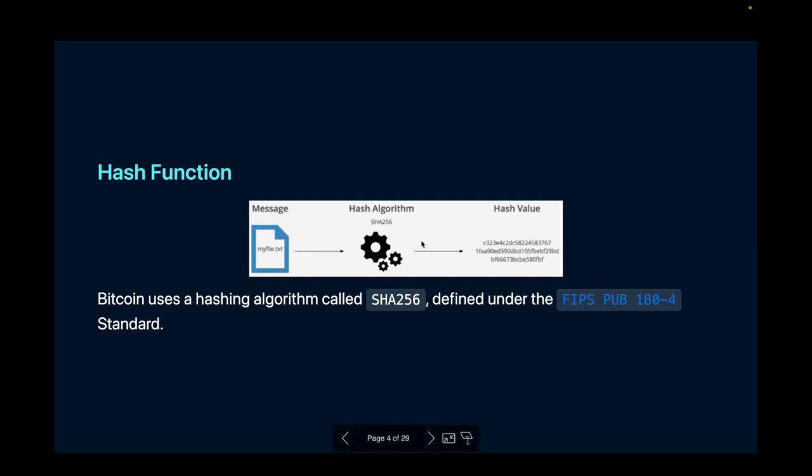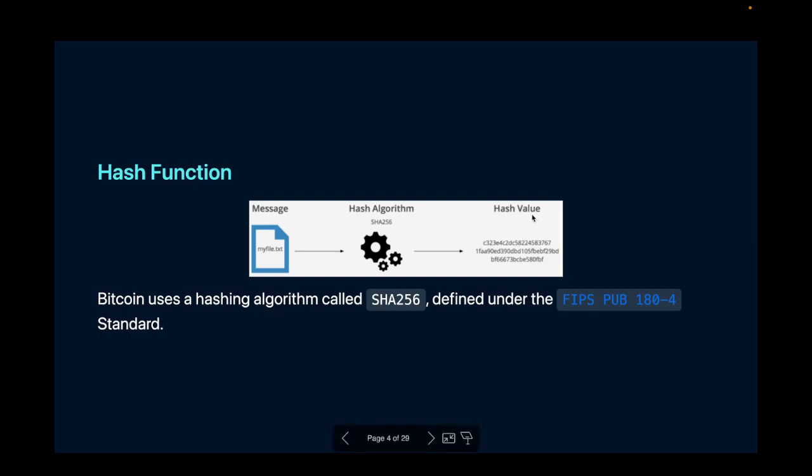We put that into a hashing function, and as a result we get a sequence of characters. This is actually a binary number, but it's encoded as a string of characters so that we as human beings can at least identify it: okay, this starts with a C, then there's a 3, a 2, a 3, and we can sort of recognize this hash.